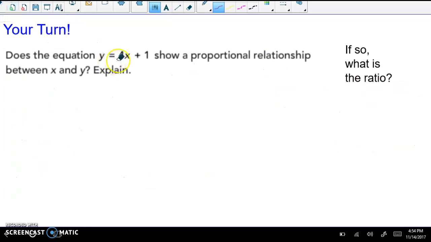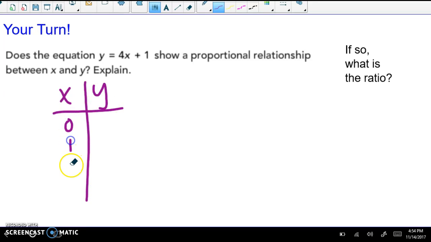So does the equation y equals 4x plus 1 show a proportional relationship between x and y? So let's think about it in a table here. I think that's the easiest, quickest way to think about this. So again, if I just look at 0, 1, 2, and 3, if I put 0 in here for x, then I have 4 times 0, which is 0, plus 1, which is 1.